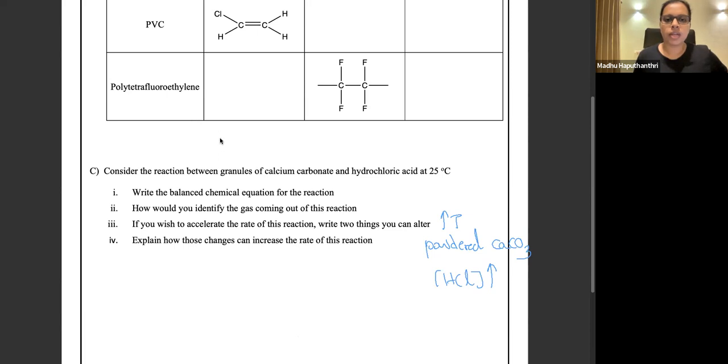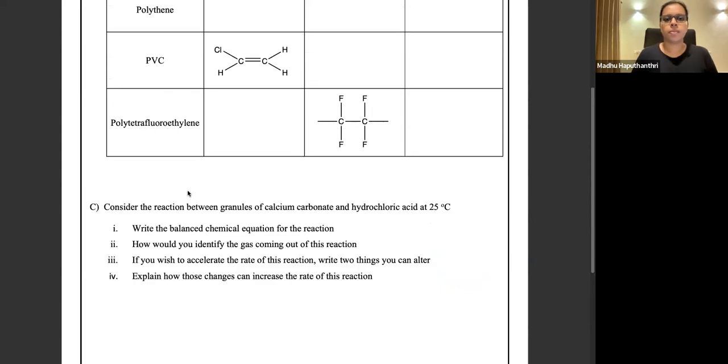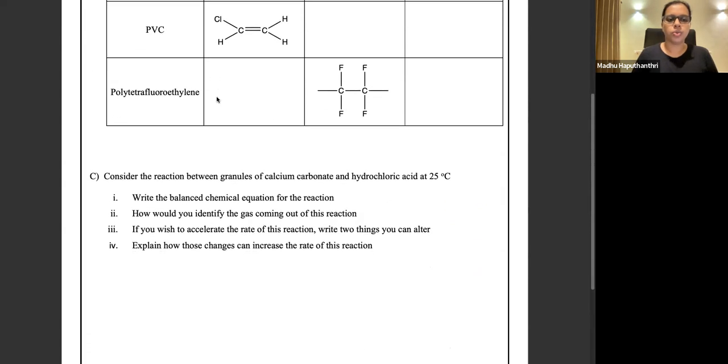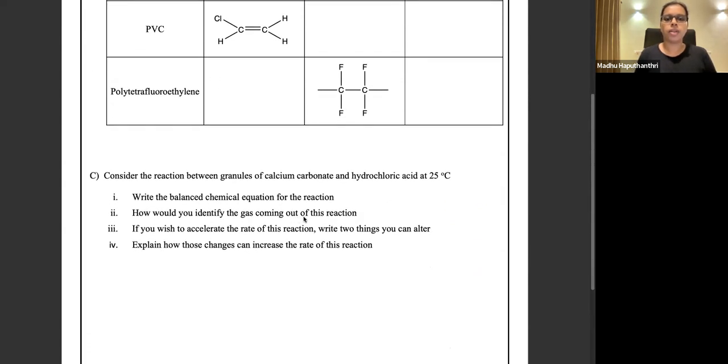What is the question? Which part of the second question do you want me to repeat? C Roman number 2. How would you identify this gas coming out? You can direct the gas into a clear lime water solution. Lime water means calcium hydroxide. You can bubble the gas into a clear lime water solution.